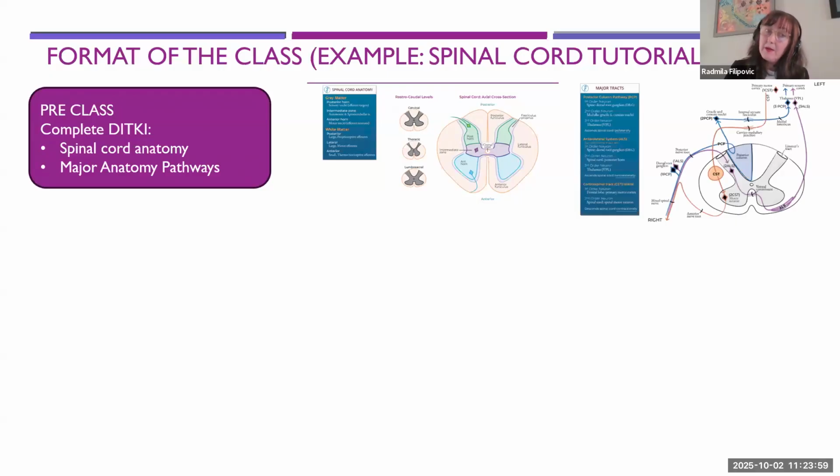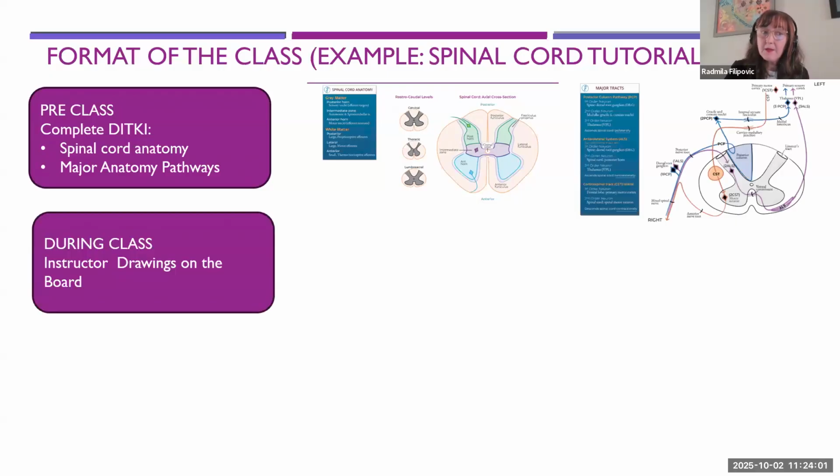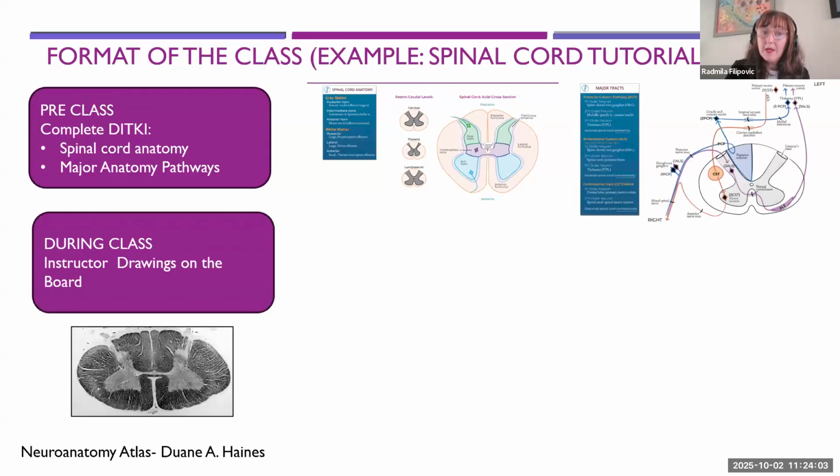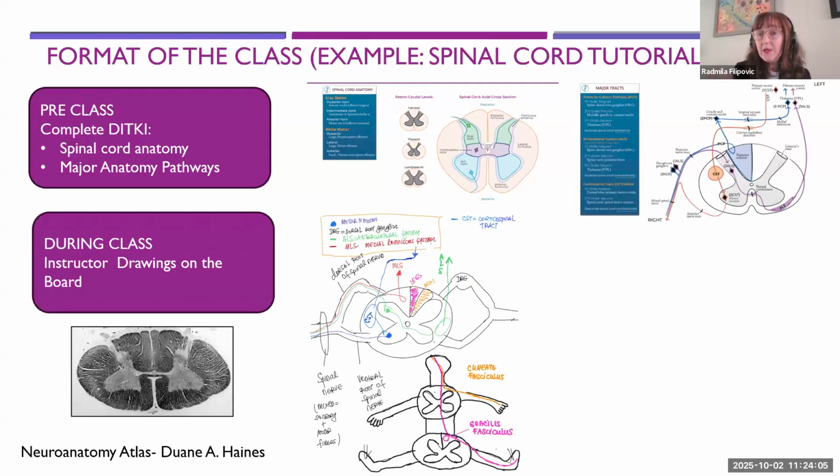When we come to class, during class, I will be drawing simplified drawings, depending on the level of the course. If it's undergraduate, I will try to simplify the drawing and then explain it in my own words, and reassess the same concepts they already saw in Draw It to Know It.